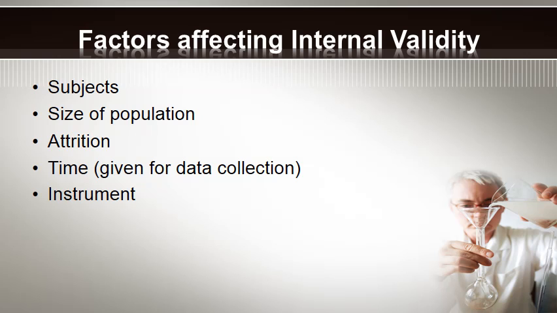A lot of times they start with a large study, but if it's a very long study, a lot of times people will drop out of the study for different reasons. The time, either the time given for data collection or the time for analyzing the data. And also the instrument. Was the instrument actually measuring what it was supposed to be measuring?